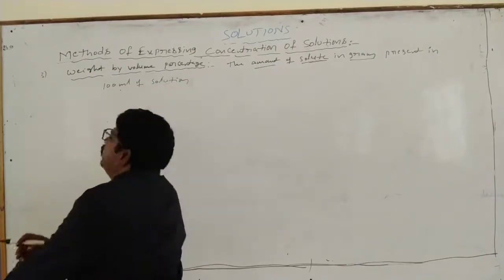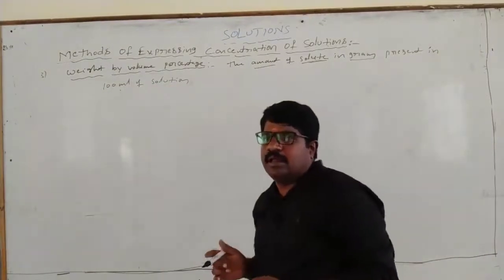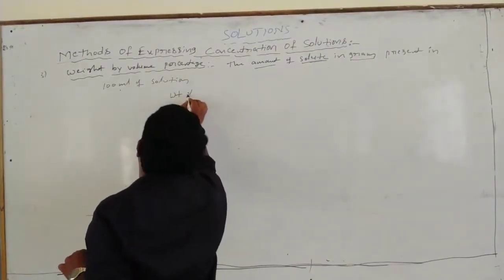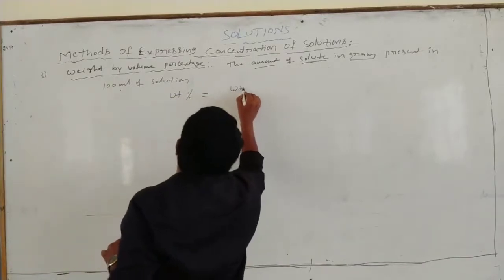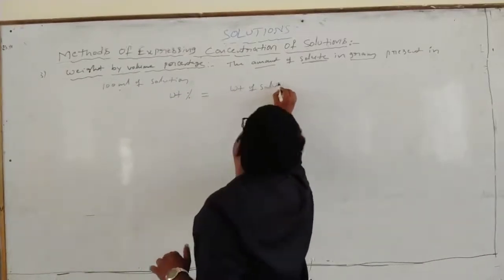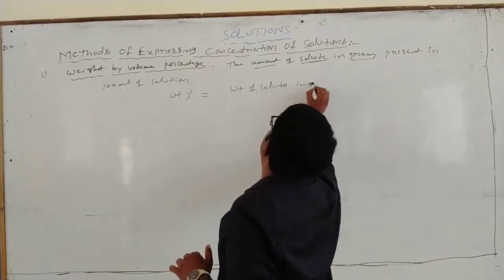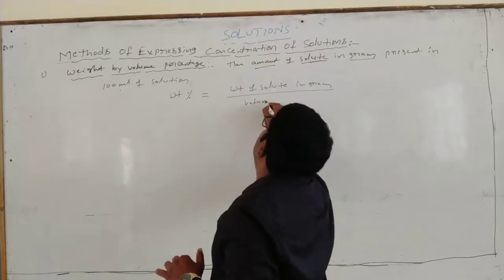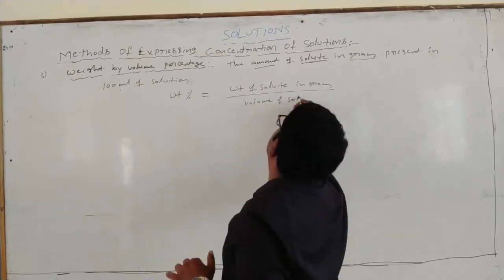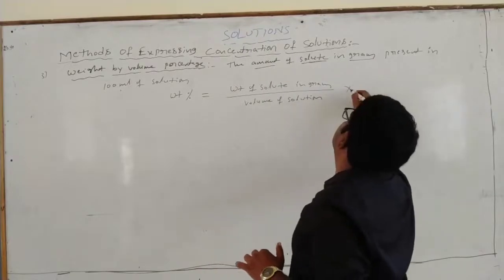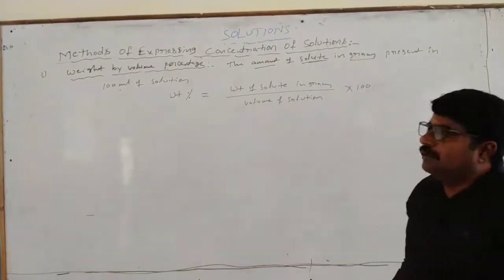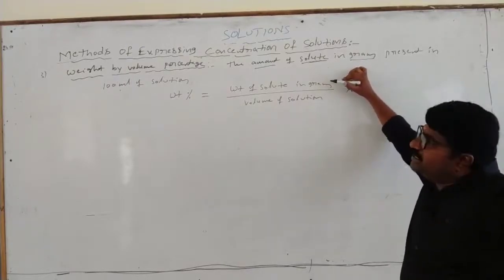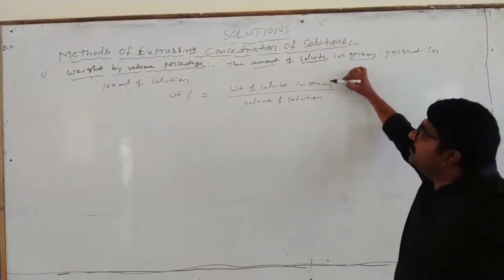So we can write weight by volume percentage as the weight of solute in grams divided by the volume of solution, multiplied by 100. Here the solute should be expressed in grams, which indicates weight.